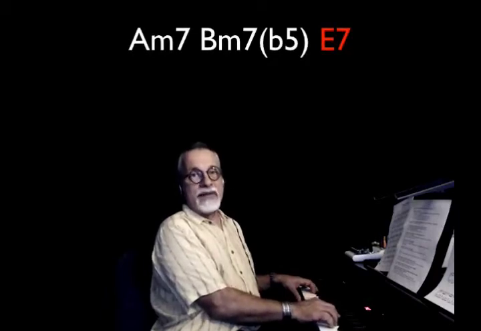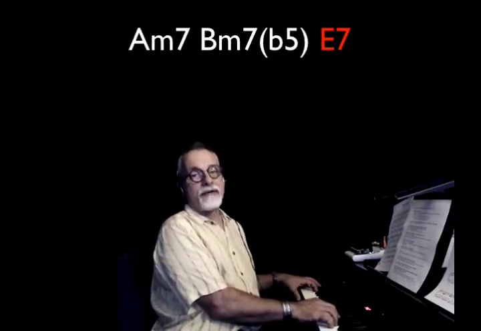Let's look at a common Latin figure. Here is an A minor 7, the 1 chord, going to the 2 chord, B half diminished 7, to the 5 chord, E. So the chords are A minor 7, B minor 7 flat 5, or half diminished 7, and E7. So you hear this figure a lot. For example, Black Orpheus.